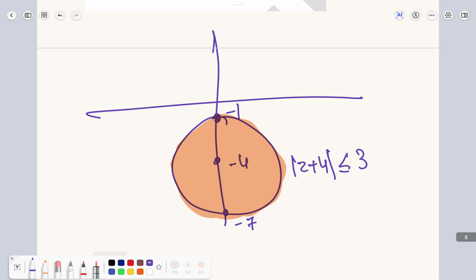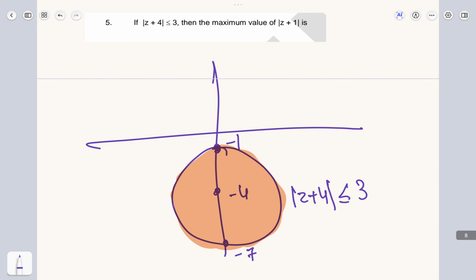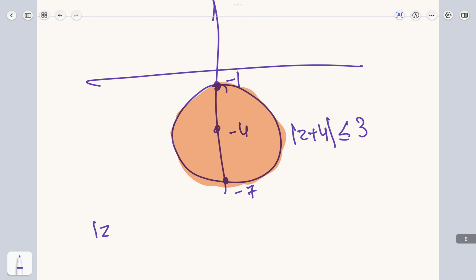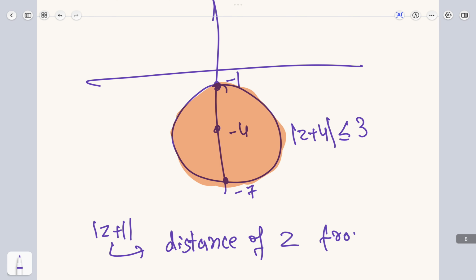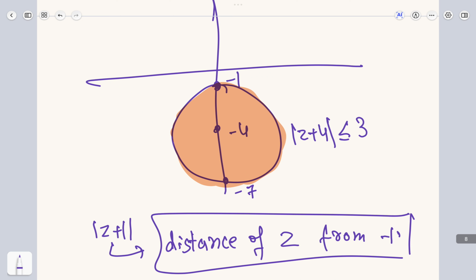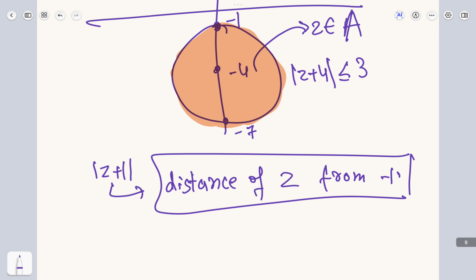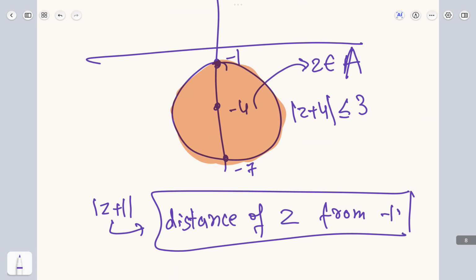Alright, so now that I've got my equation, it's asking me what is the maximum value of mod z plus 1. So what does this actually mean? This is just the distance of any z from minus 1, right? So any z belonging to, let's say, this set is called A, would satisfy this condition.